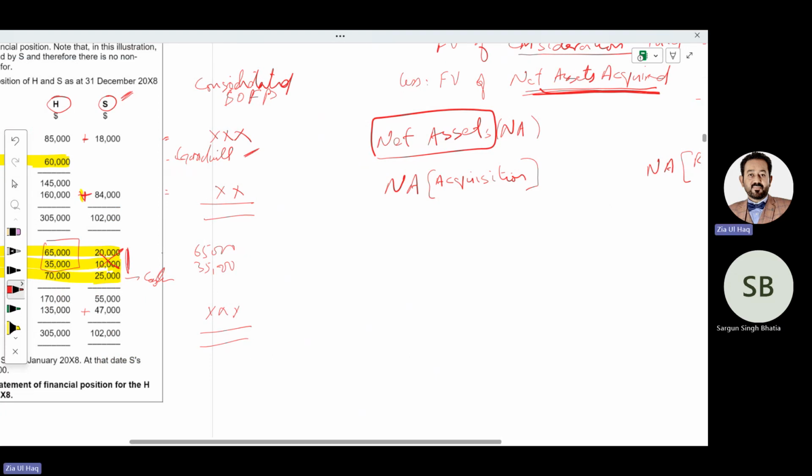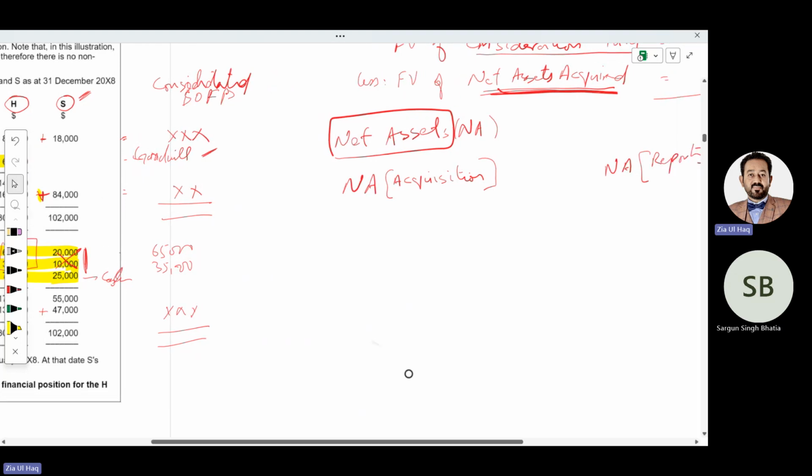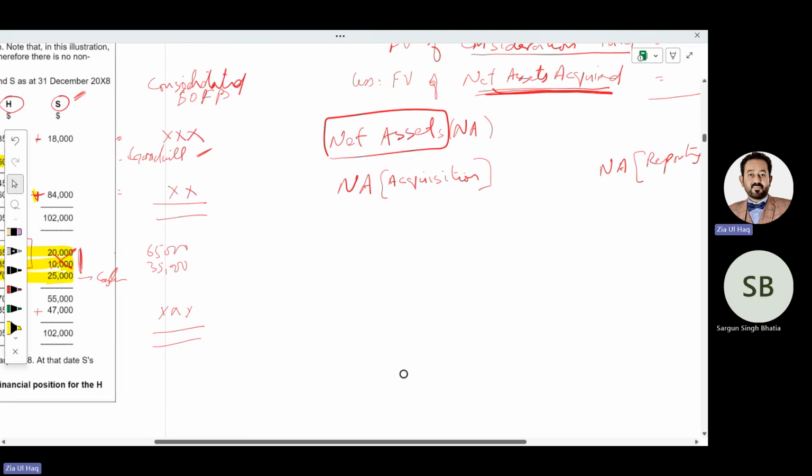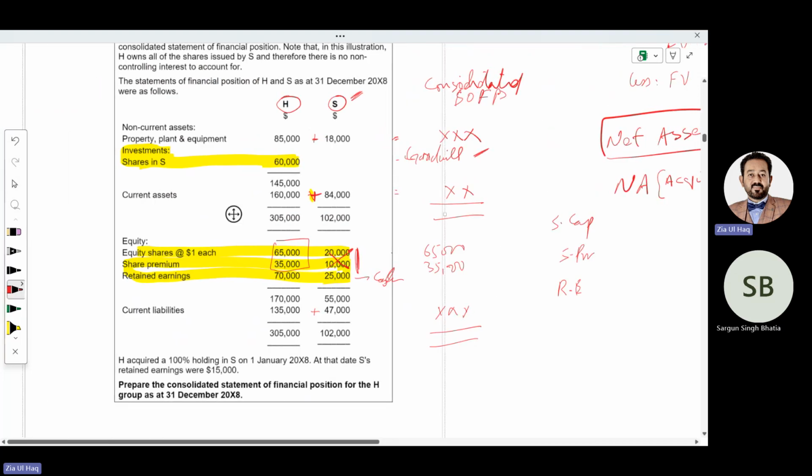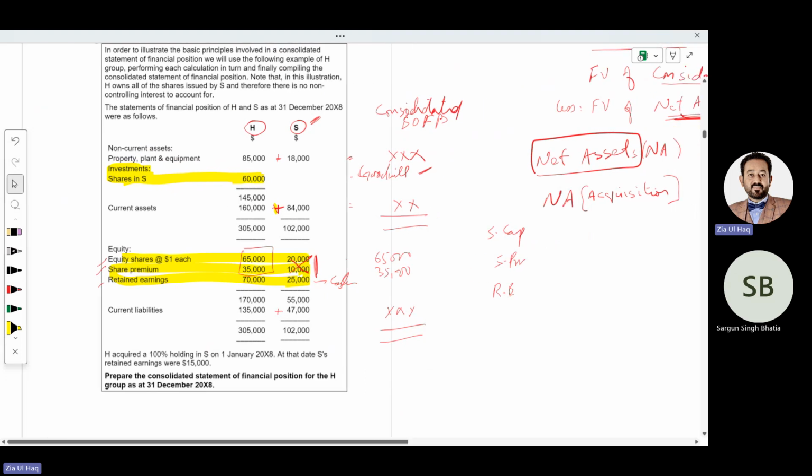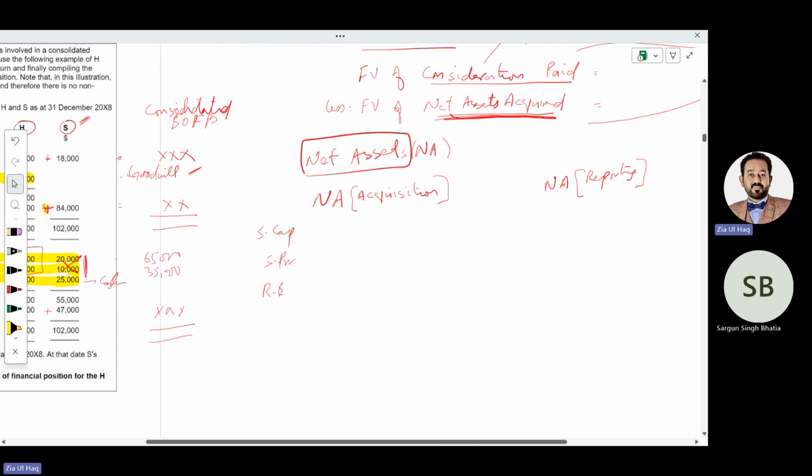These are the year end figures of the subsidiary. These are the at reporting date figures for share capital, share premium, and the third figure is for retained earning. And what are these figures? 20,000, 10,000, and 25,000.